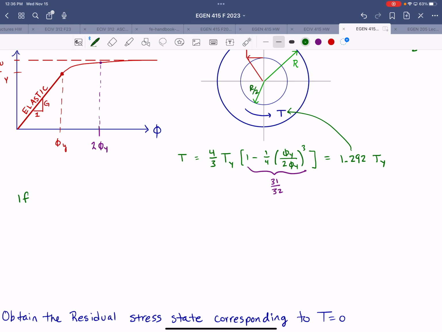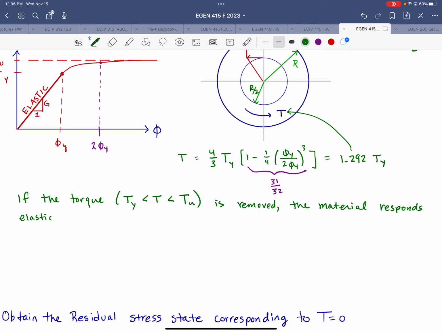Because there will be residual stresses, because we've yielded it into the plastic region, so there will be some permanent deformation associated with that.